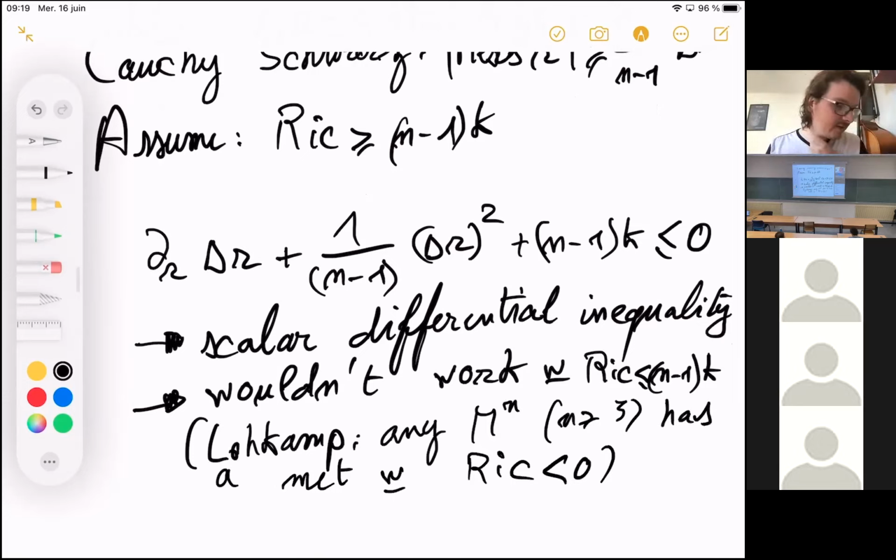So negative Ricci curvature cannot come with any topological assumption, whereas the comparison geometry theorems, which we didn't do much about, do have topological implications, as you will see in the lecture by Philippe, for instance. So it's a hint that we cannot do comparison geometry with an upper bound on the Ricci curvature alone.